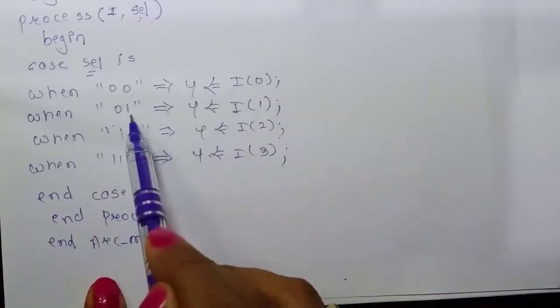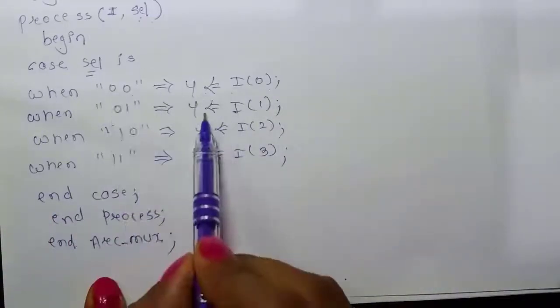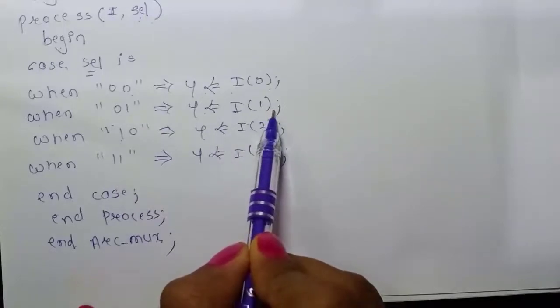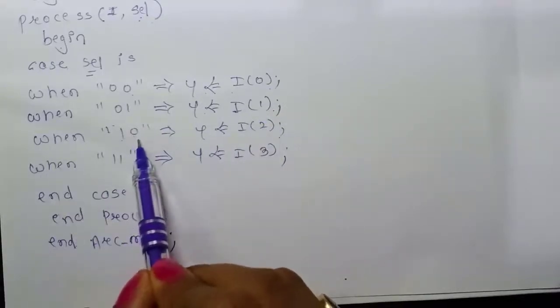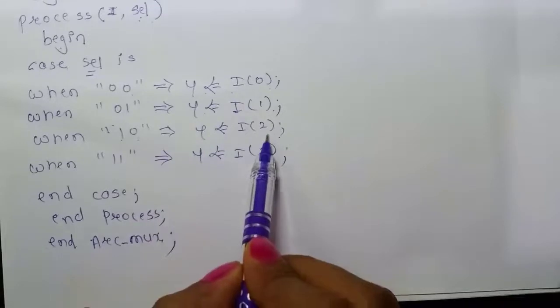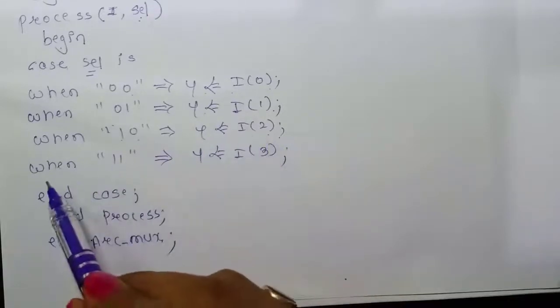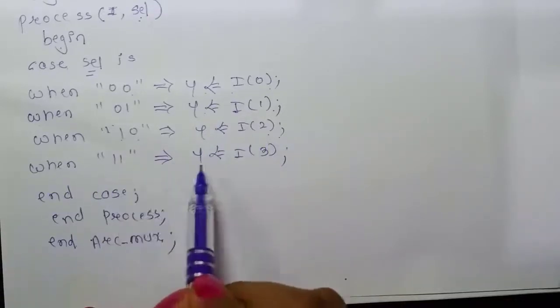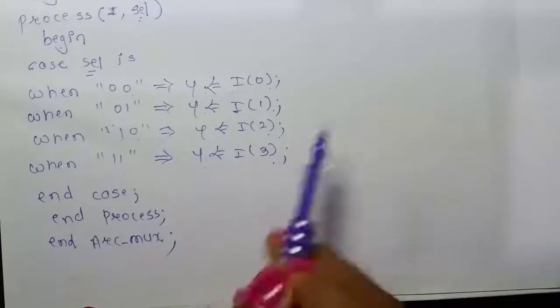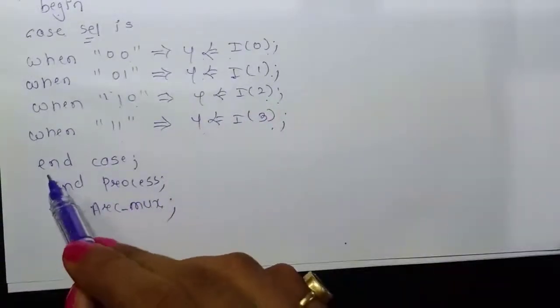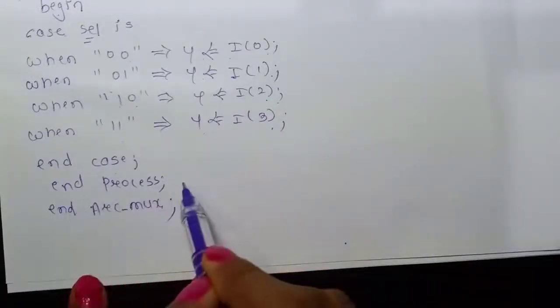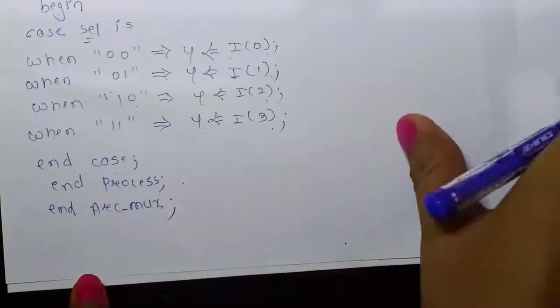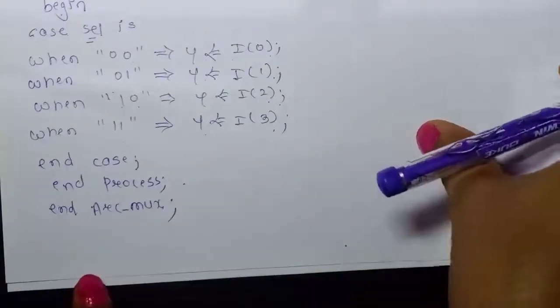When your selection line is 0 1, your output will be assigned to I1. When your selection line is 1 0, your output will be assigned to I2. When your selection line is 1 1, your output will be assigned to I3. Okay, after that we have to end our case, then end process and end architecture. Okay, so this is all about the 4:1 multiplexer.